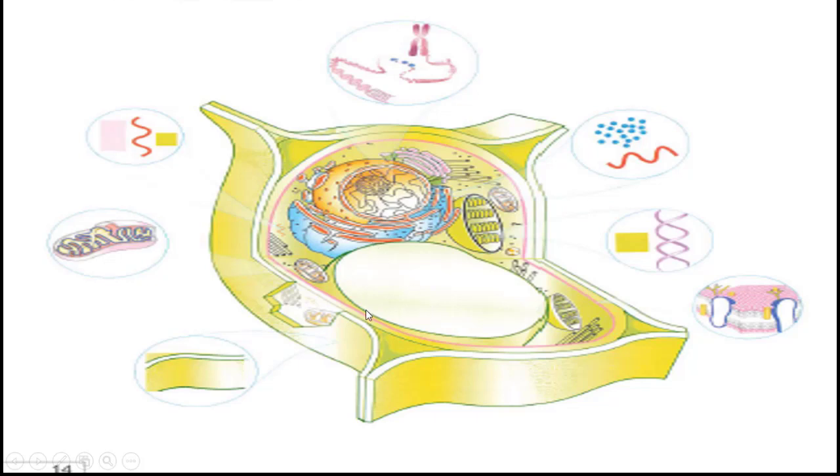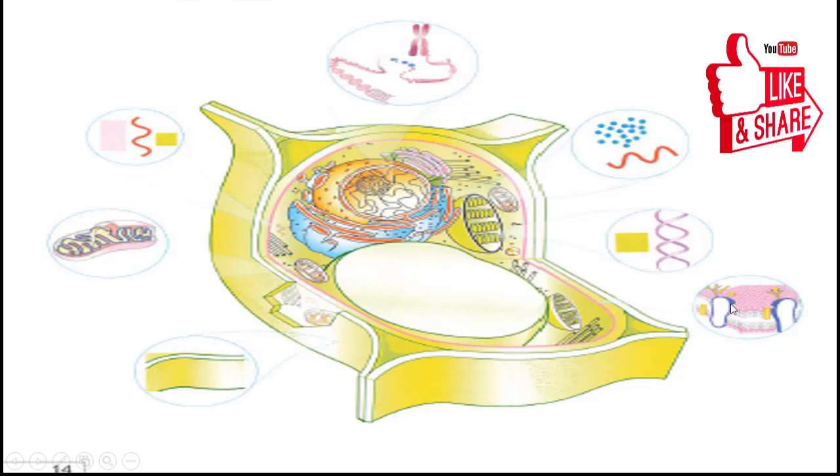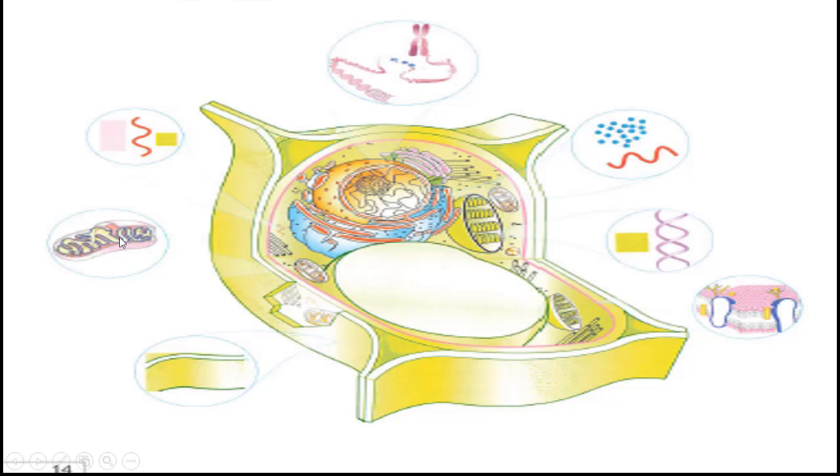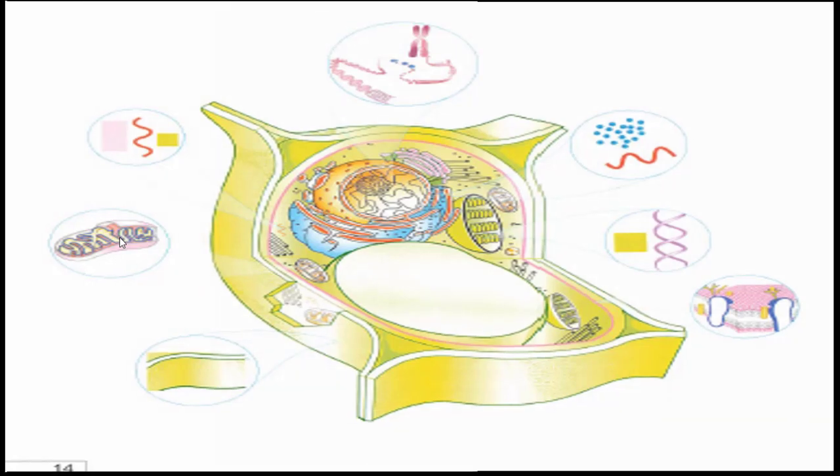The plasma membrane consists of phospholipids. The mitochondria contain DNA and respiratory enzymes, which are proteins. All of these substances are called biological macromolecules.